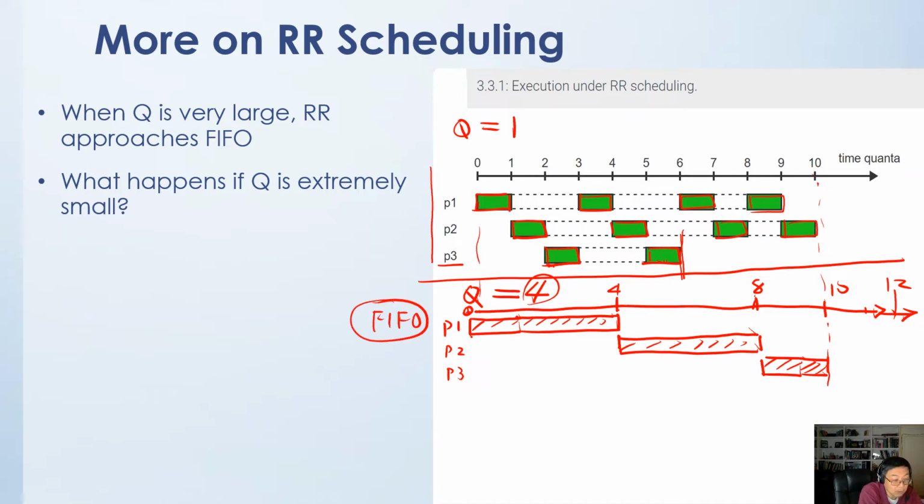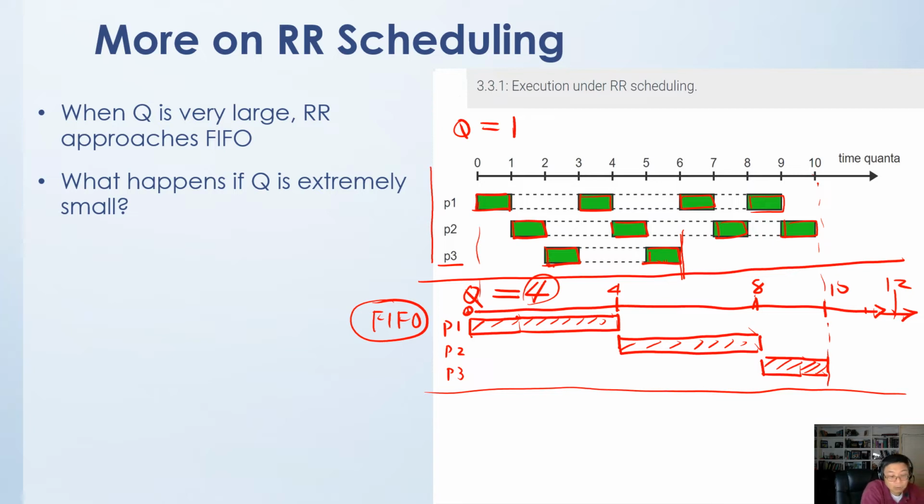So, when Q becomes larger and larger, the round robin looks more like a FIFO. That's why we normally don't want to make Q large. But what if we try to make Q smaller?